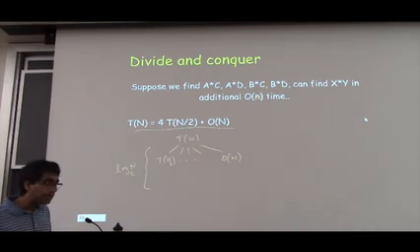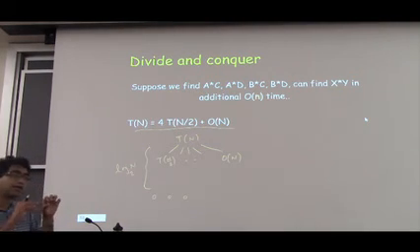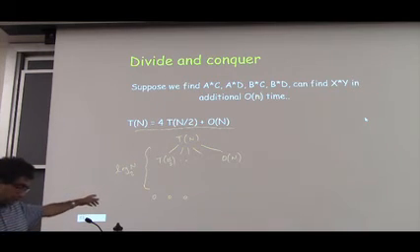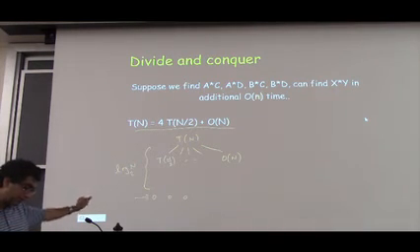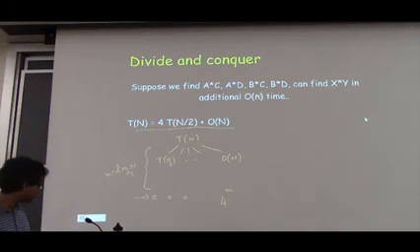But after the kth level, you will actually have 4 to the k different terms. So in the bottom level of the tree, you will observe that you have 4 to the m, where m is again log n to the base 2, 4 to the m times T of 1, plus something.